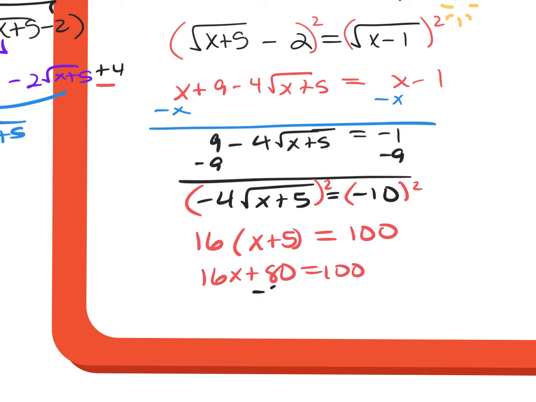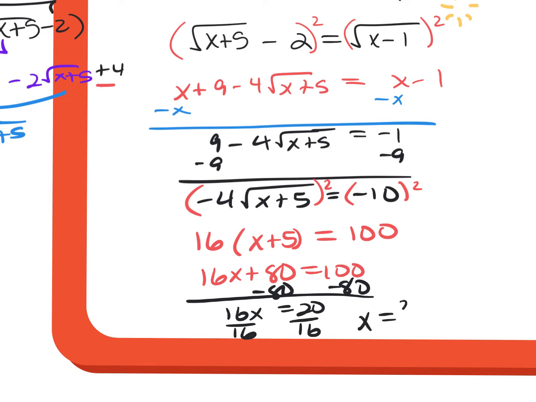I need to subtract the 80. I get 16x equals 20. Divide by 16, and x equals 20 over 16. I need to reduce. I can divide them both by 4, and it reduces to 5/4.